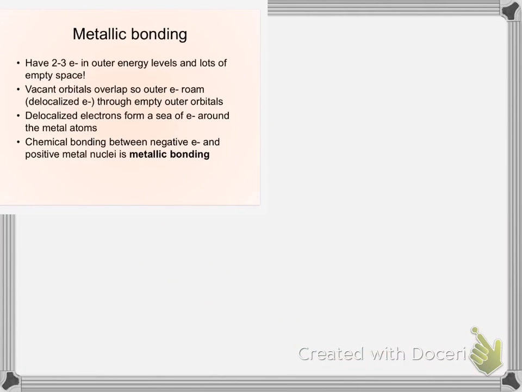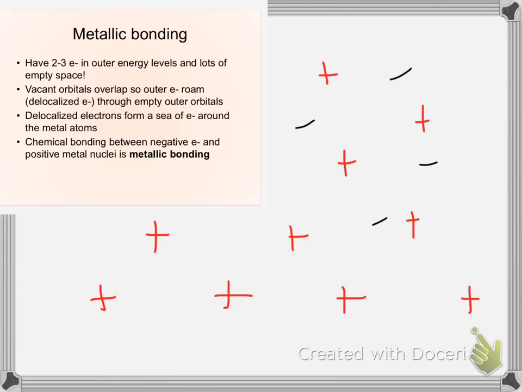And I'm going to draw this. So I'm going to draw my little positive metallic nuclei, and this could be iron or copper or zinc or anything else. And floating all around it are all these little electrons.